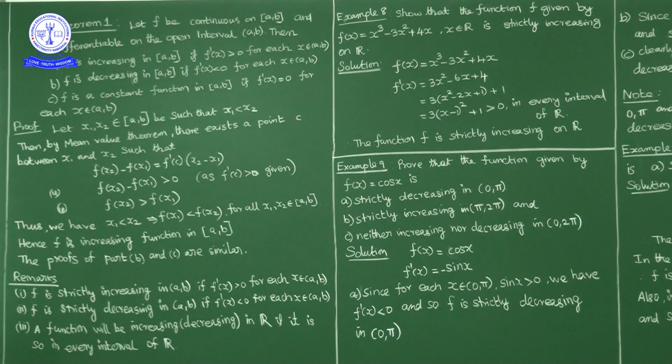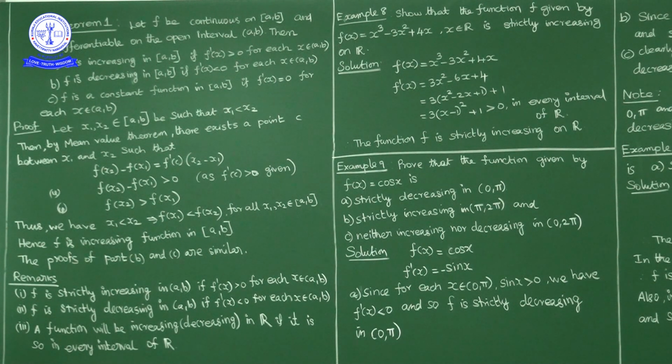Then by the mean value theorem there exists a point C between x1 and x2 such that f dash of C is equal to f of x2 minus f of x1 upon x2 minus x1. This we discussed while discussing the mean value theorem.